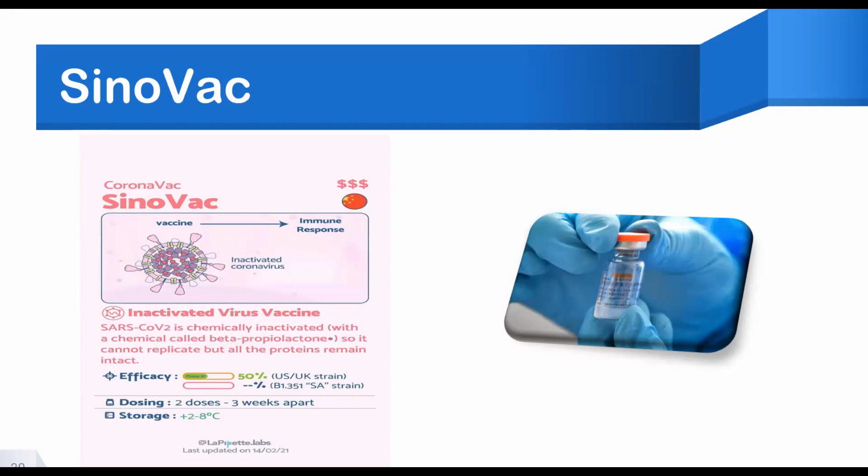Sinovac works by using killed viral particles to expose our immune system to the virus without risking a serious disease response. When it is injected, it doesn't cause a serious reaction in the body.